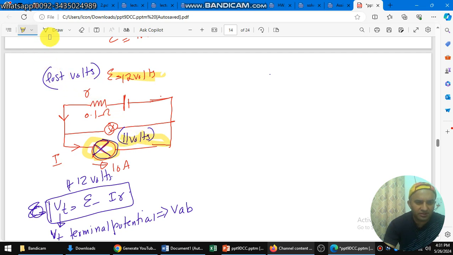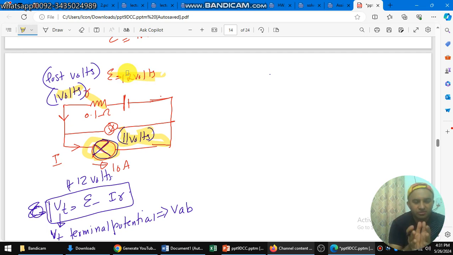Because 1 volt is lost across this internal resistance, small r. So this is energy conservation: the battery supplies 12 volt, 1 volt is lost across this internal resistance, and the bulb receives 11, and 11 plus 1 makes 12.